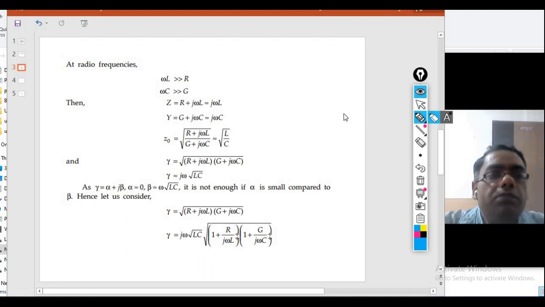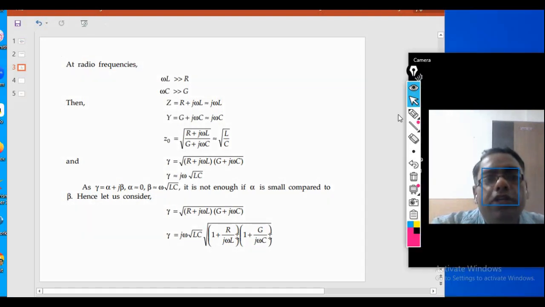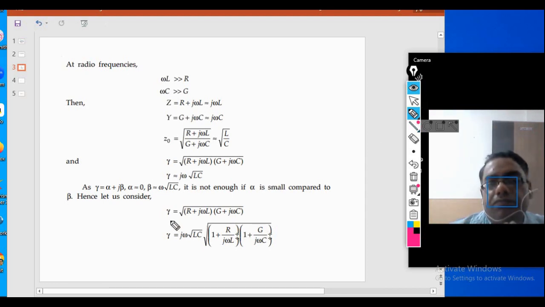However, if we take alpha to be 0, this becomes an ideal case, so we will take some small value of alpha.